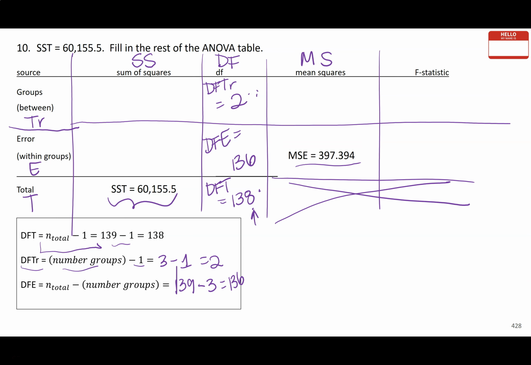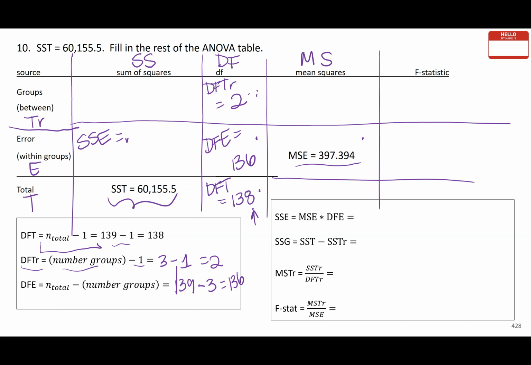Okay, so now I have enough information to go and find my sum of squares error. That'll be my next one. Because I know my sum of squares error divided by degrees of freedom error is my mean square error. So my sum of squares error is these 2 multiplied, so 397.394 times 136 is equal to, sorry, I can't do that math in my head. I promise I did it though.